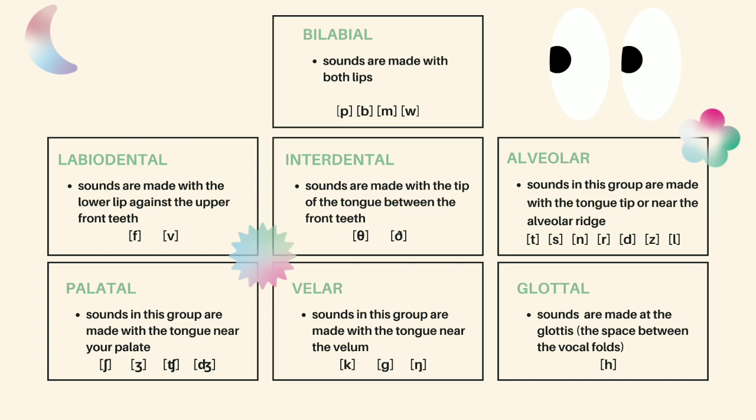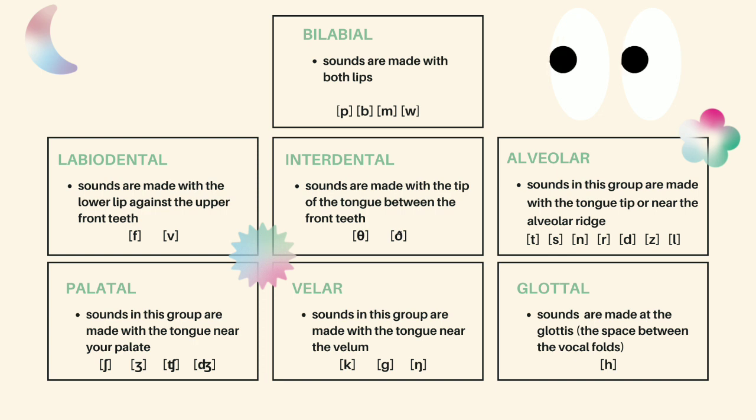We have here p, as in purse and wrap, b, as in back and cab, m, as in mad and calm. Next up is the labiodental. These are the sounds that are made with the lower lip against the upper front teeth.